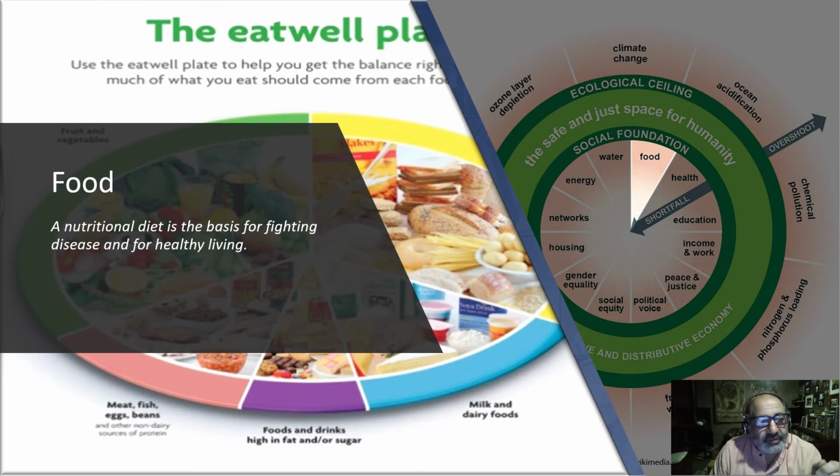These ones I'll go through fairly quickly. Food, obviously a good diet is a basis for living free of disease and for healthy living. Should we as a company provide food for our staff? And if we're not going to do that, are we going to provide them with a lunch break?